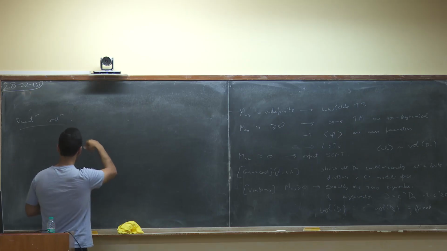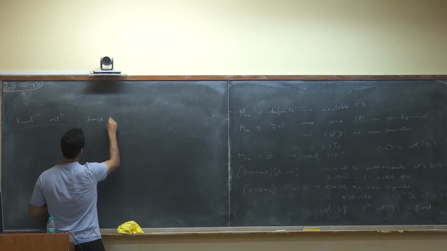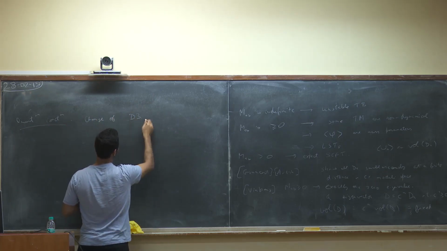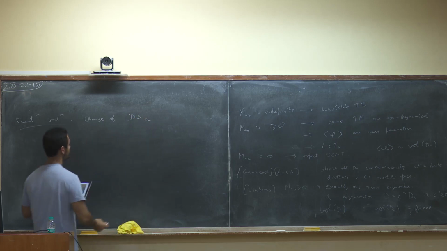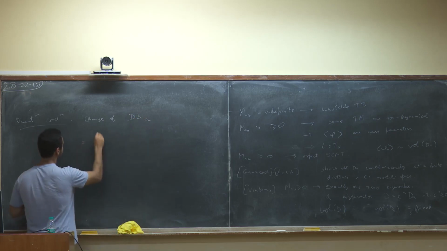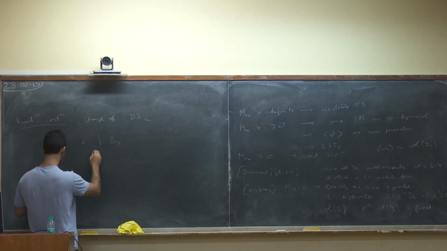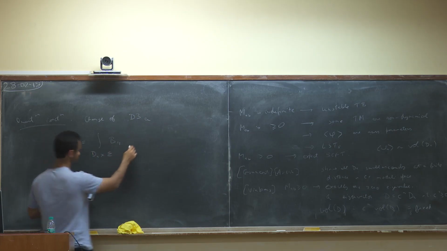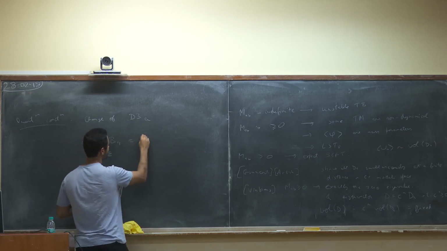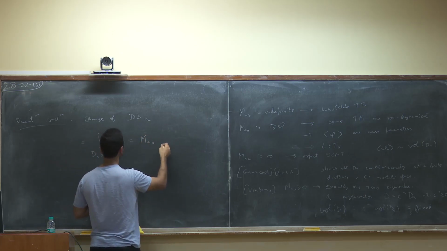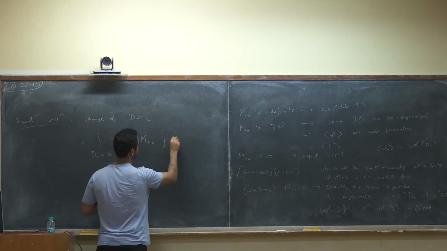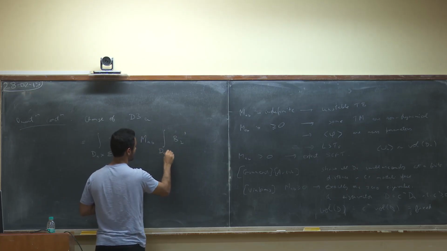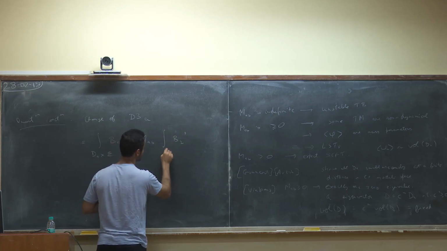So we want to compute the charge of a string coming from D3 branes wrapped on the cycle DA, and this will be equal to the integral of B4 on DA times the string world sheet sigma, and this is precisely MAB times B2B on sigma.